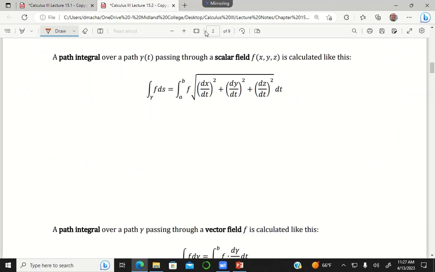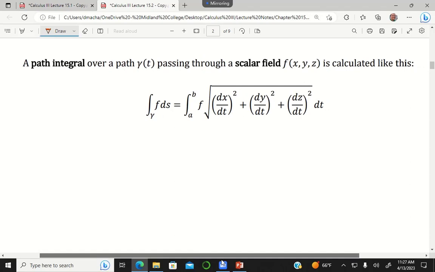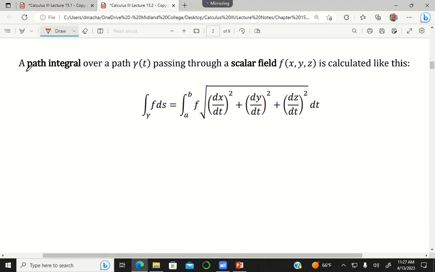So, what we're doing today is similar. If you are asked to calculate a path integral over a path as that path is passing through some scalar field in 3D space, then the way you're going to calculate that path integral is you're going to put your little scalar field in the integrand along with that integrand formula for the length of the curve, because a path is just a parametric curve, right?